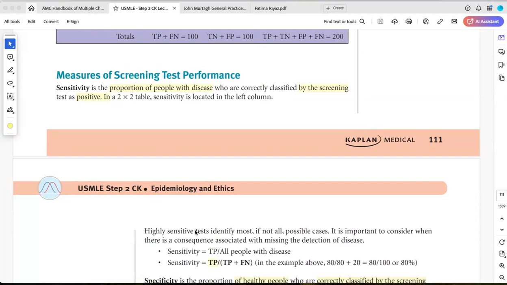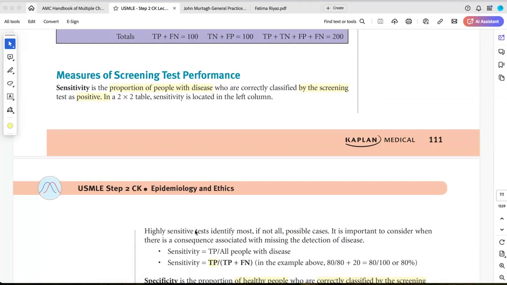So a test has high sensitivity if it can find out that group of diseased patients. Let's say among 100 patients who took a test, it was able to identify 90 people with the disease. And for 10 people, the test was not able to identify the disease.